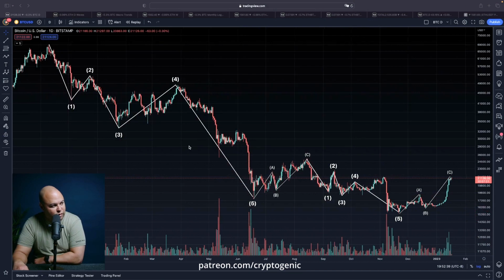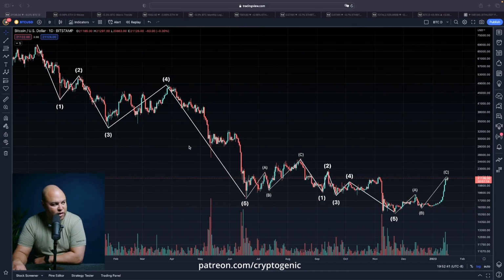So let's jump right over here and take a look first and foremost at this Bitcoin price chart on the daily. I've mapped out and done the calculations. Basically, if you look at Elliott wave theory, there are certain rules. Like there's got to be a 13-bar low followed by an 8-bar high followed by a 21-bar low and so on and so forth. On a downtrend, it's the opposite for an uptrend.